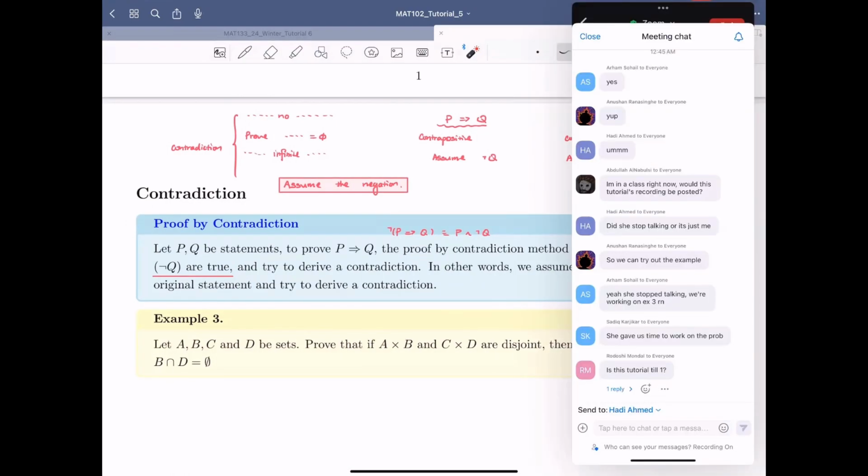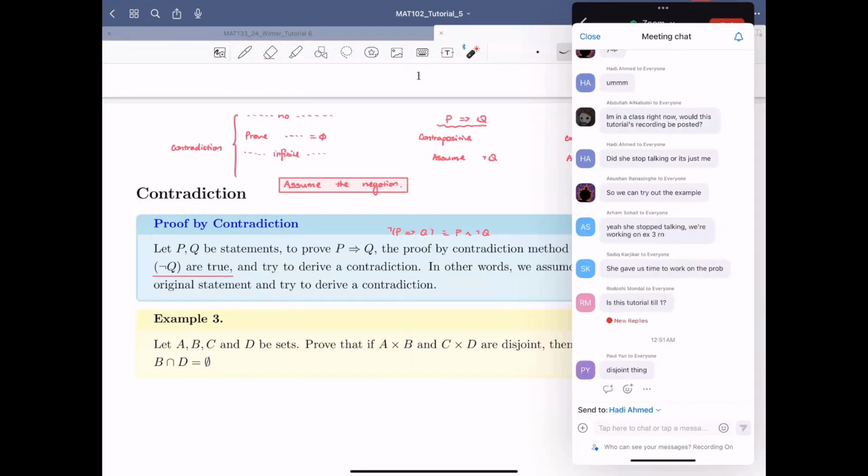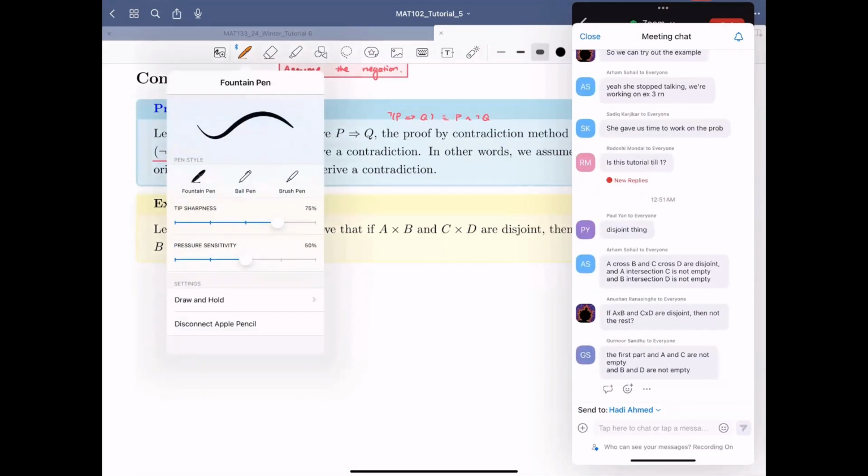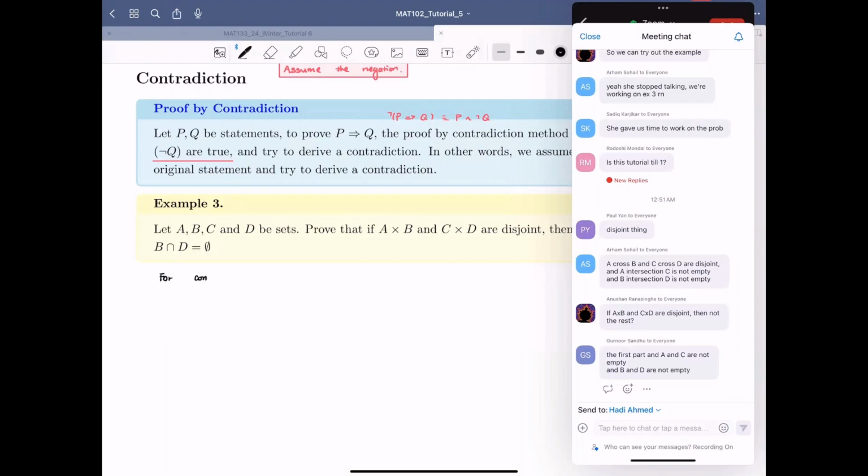Okay, what do you guys think? What's my assumption? Guys, what's my assumption? You're going to make sure your assumption is correct, so what is my assumption? Nobody wants to say? Disjoint thing? Okay, and anything else? So let me write it down. For contradiction, suppose A cross B and C cross D are disjoint, and A intersect C is not empty.